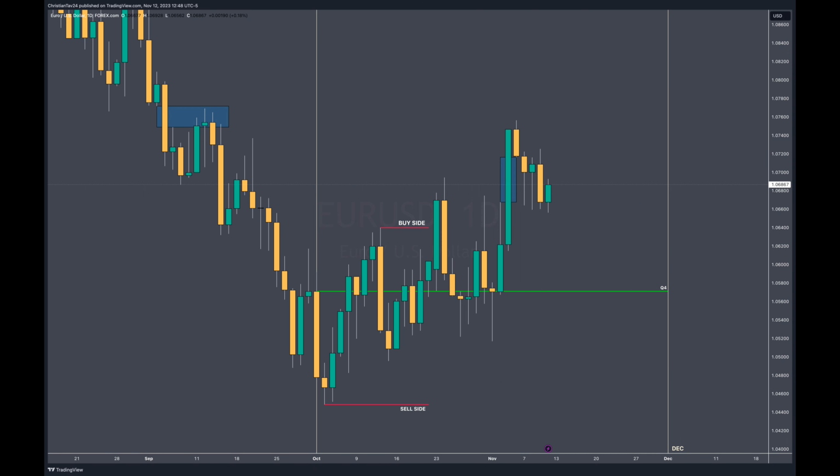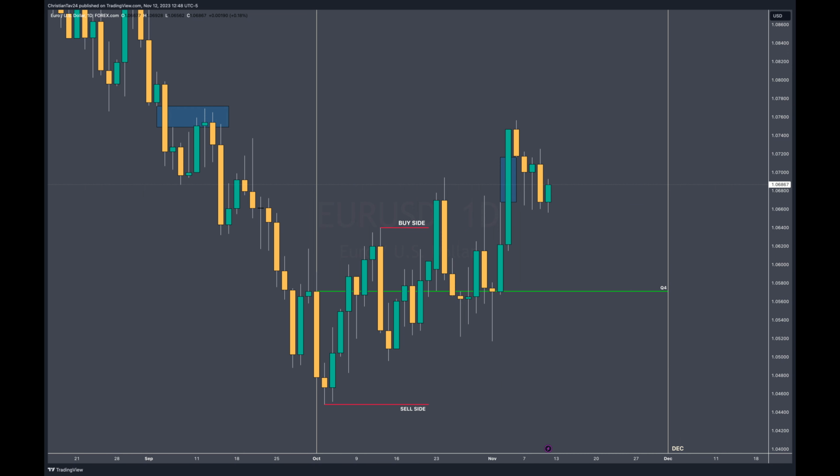So here we have Euro USD, and we're going to be looking at that imbalance that Euro USD left going from Thursday through Friday, and then ending on Monday. And it caught my eye because I immediately thought, Euro USD previously ran buy side, as you can see there, and then ran lower.